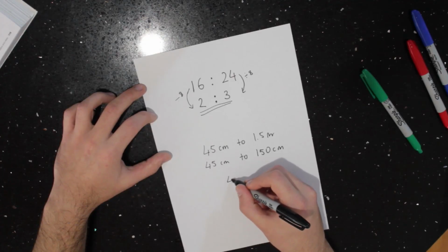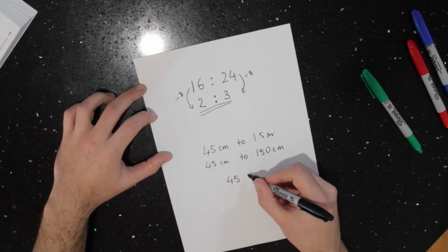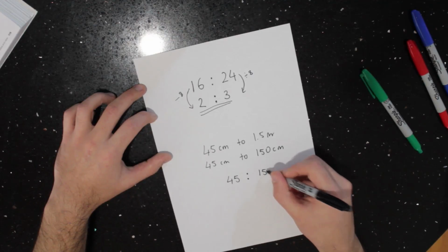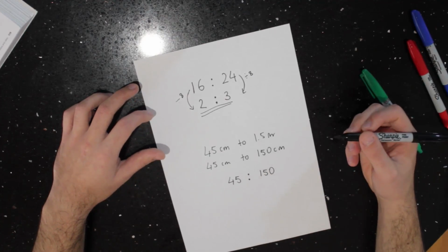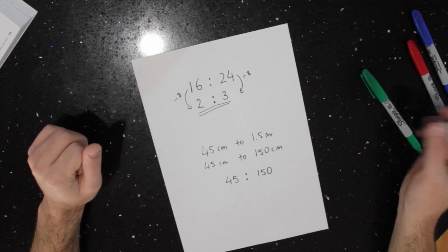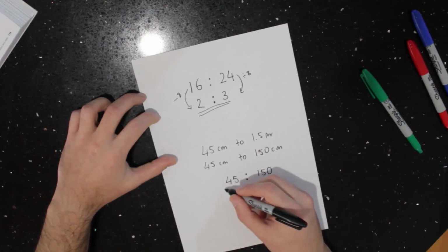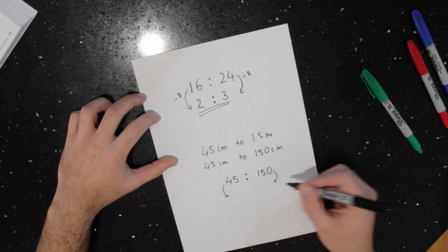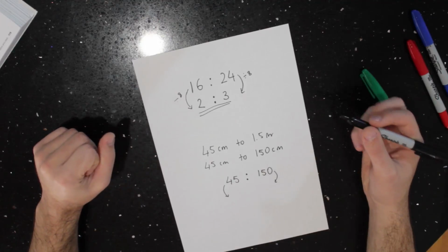This means I can write it as a ratio by dropping the units and using my little dots. So our ratio here becomes 45 to 150. Now, let's have a look at simplifying this. I'm going to draw my two little arrows so I know to do to one side what I do to the other.